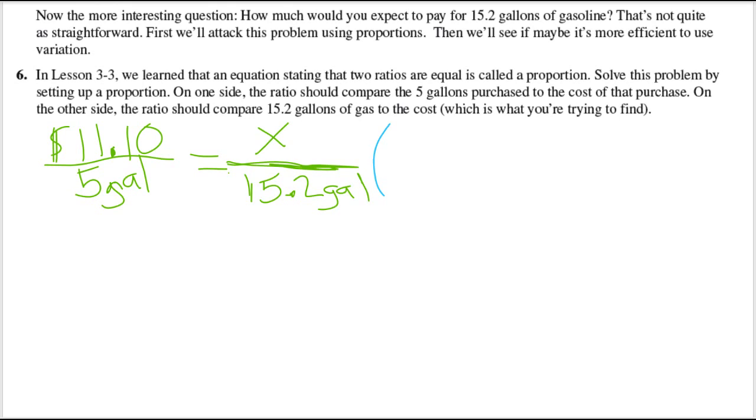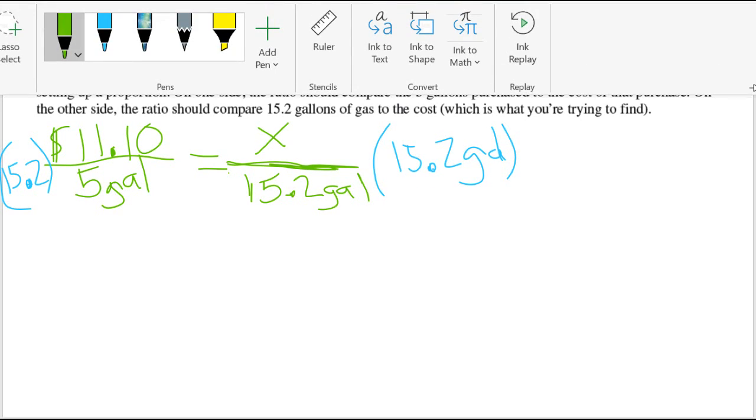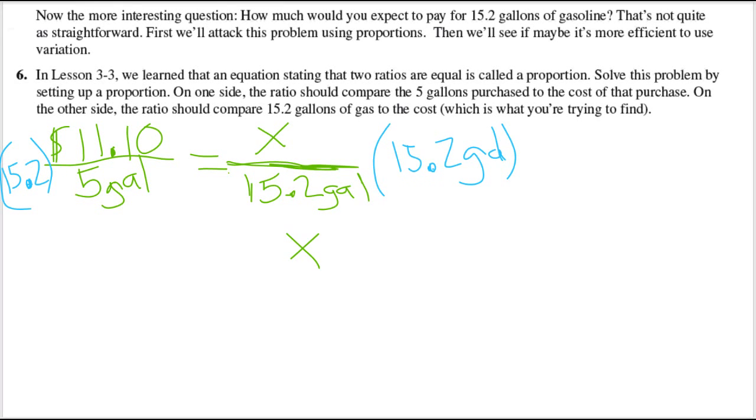I like to multiply both sides by 15.2 gallons, because I know when you multiply X times 15.2 and you divide that answer by 15.2, you're just left with X. And I know from the multiplication property of equality that if I multiply the right-hand side by 15.2, I'm going to change its value.